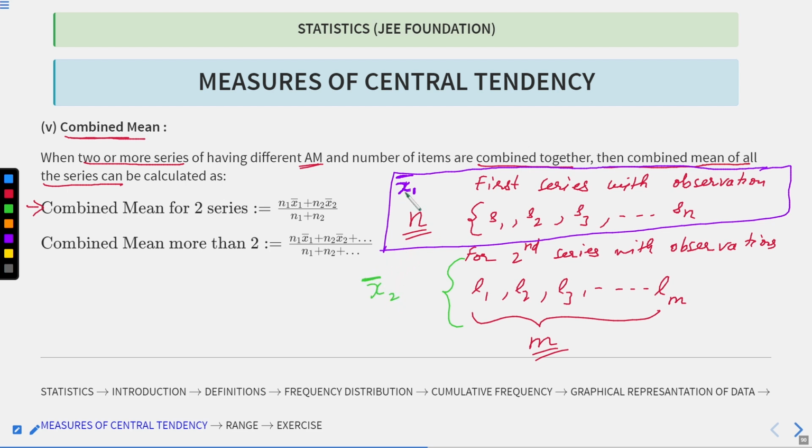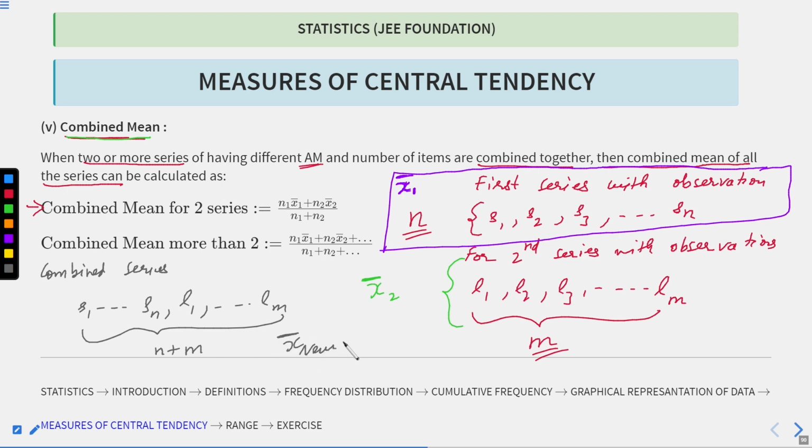Now if we have to find the combined mean, that means we are combining both of the series. So my new combined series will look like S1 till Sn, L1 till Lm. So my total number of observations are n plus m.